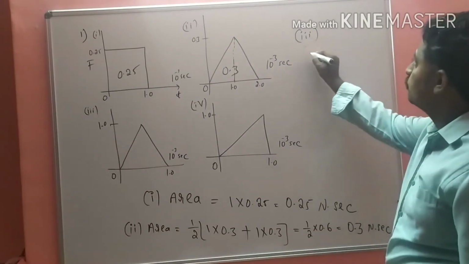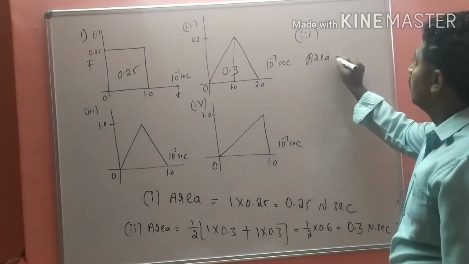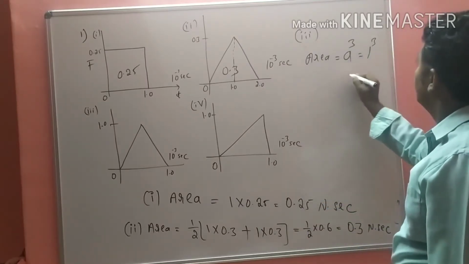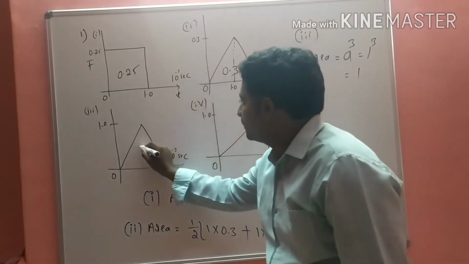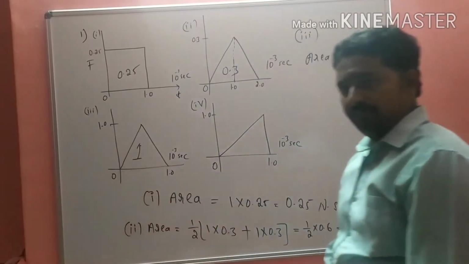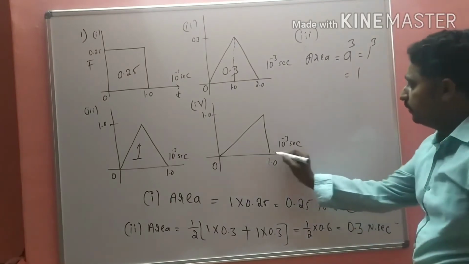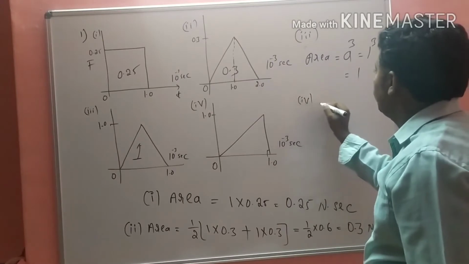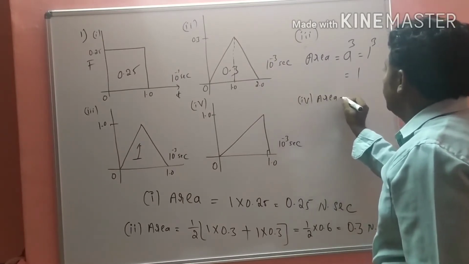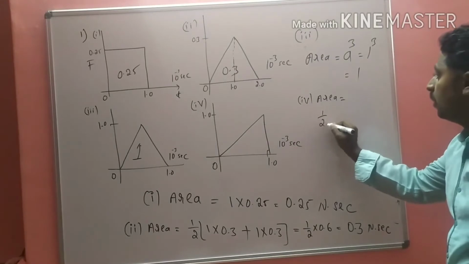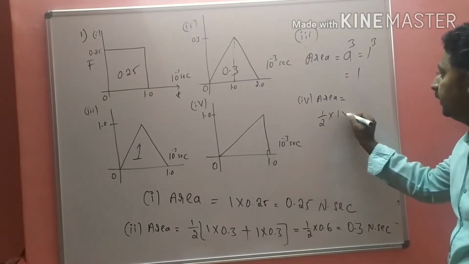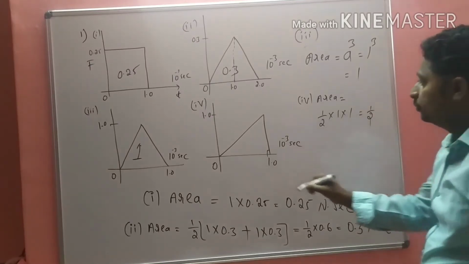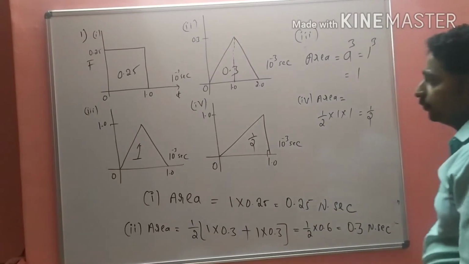So the area is 1 into 1, which equals 1. Then the fourth one is a right triangle with a 90 degree angle. The formula is half into base into height, which is half into 1 into 1, so the final answer is 1 by 2.